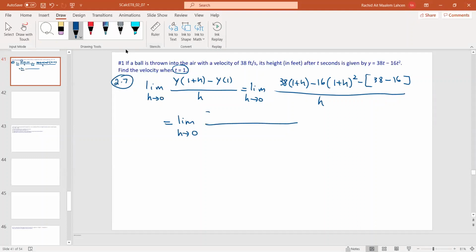Okay, then distribute, and we FOIL this one. Remember the shortcut. It's this plus 2 times both and this squared. 2h plus h squared. All right, and minus 16 there.